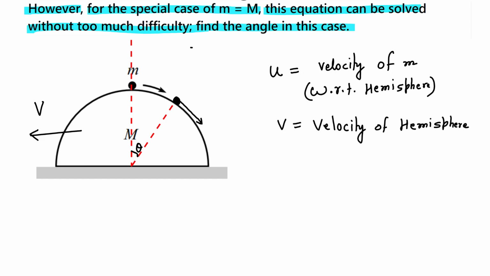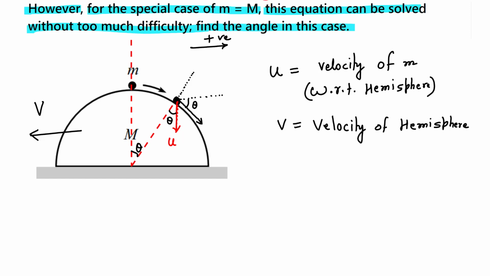Now we can consider this direction as the positive direction. So this is my x-axis, positive direction. Now if you see, this velocity will have two components. One component will come in this direction. So this is u. Let us first find out what this angle is. This angle is theta, then this angle will also be theta. If you extend this further and put a line here, this angle is also theta.